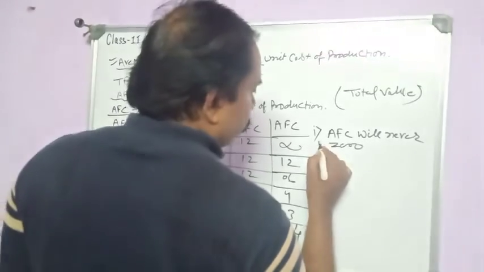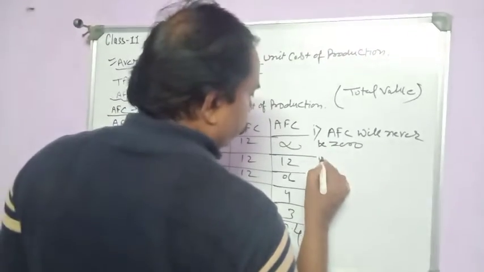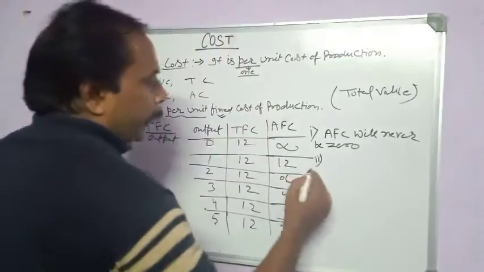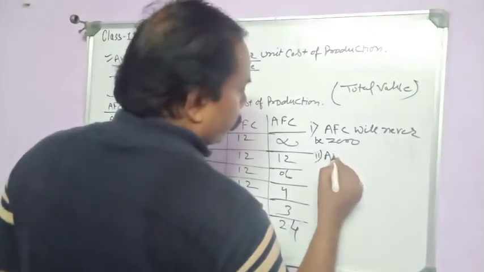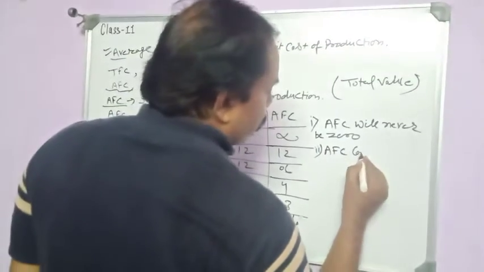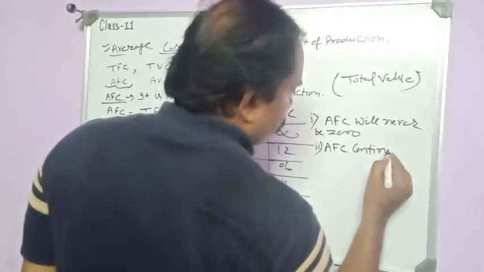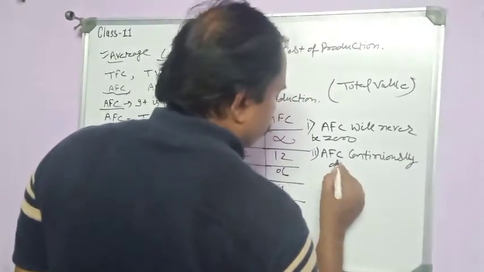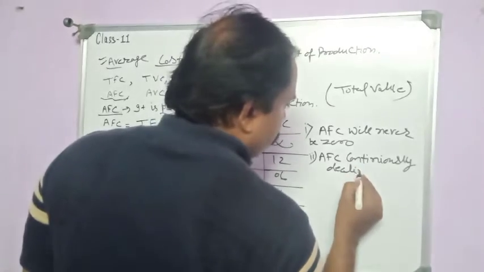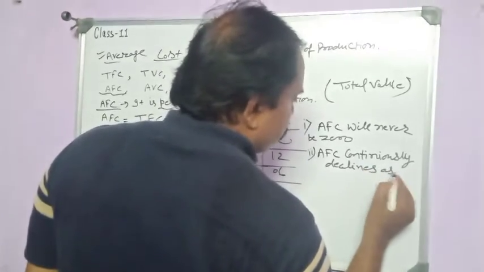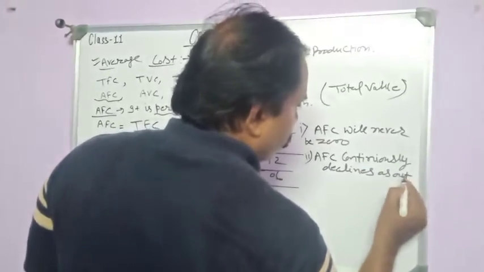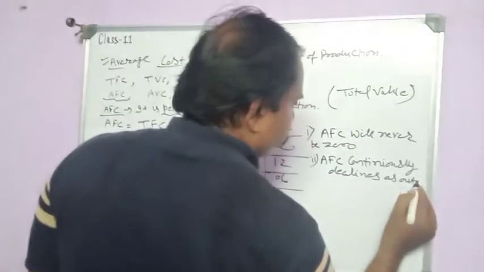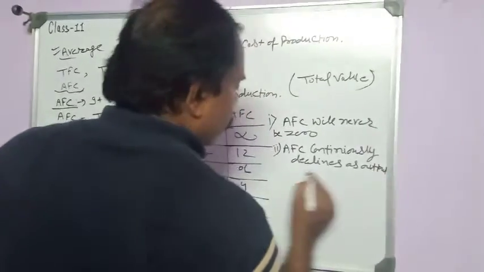Point number 2, AFC continuously declines as output increases.